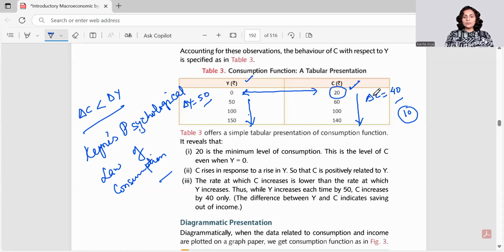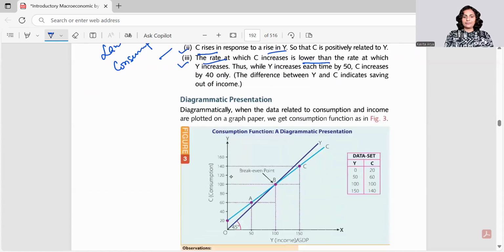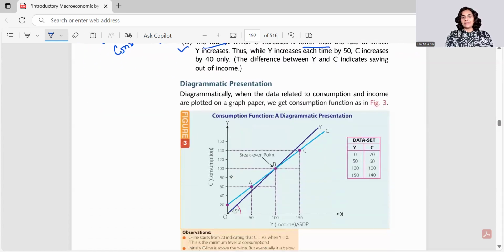So these points: 20 is the minimum level, and then C rises with rise in Y, and the rate is lower than the rate of change of Y. Now, when we talk about the diagram, I always emphasize that my students, for the sake of full marks, should make it rise not at a steeper rate.